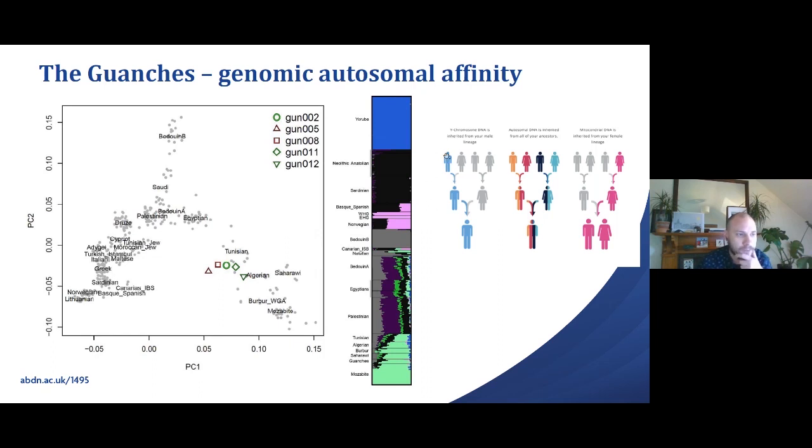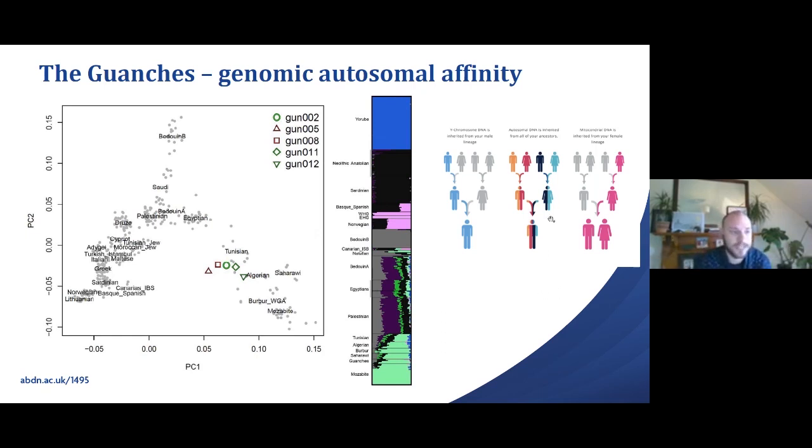So we looked at the Y chromosome, which is inherited solely on the paternal line. So it's a lineage marker. And we analyzed mitochondrial DNA, which again is a lineage marker, but that is inherited on the maternal line. So it captures the different line of ancestry, essentially. And this figure here depicts the autosomal ancestry, which captures the genetic ancestry from all of our genetic ancestors, essentially.